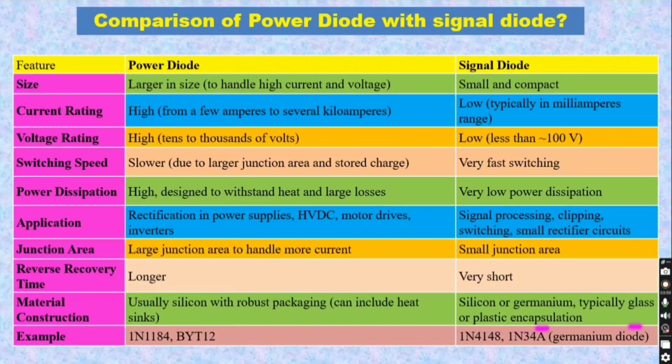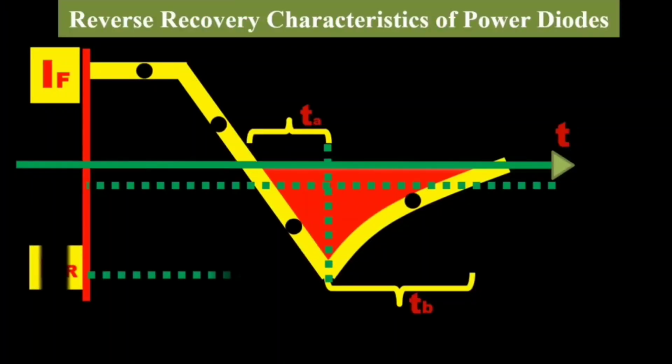Silicon or germanium, typically with glass or plastic encapsulation, is used for signal diode. Examples of power diode are 1N1184, BYT12. Examples of signal diode are 1N4148, 1N34A.